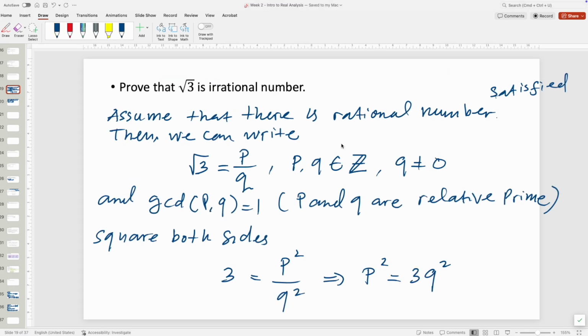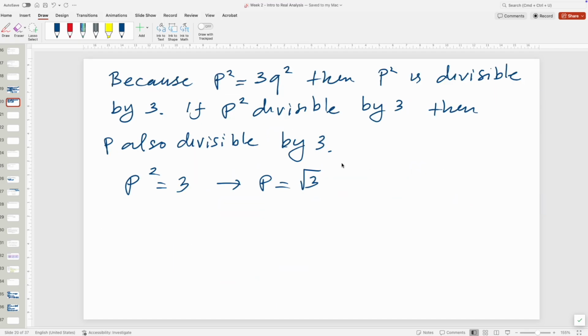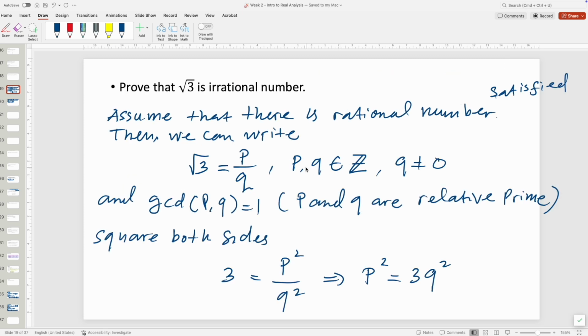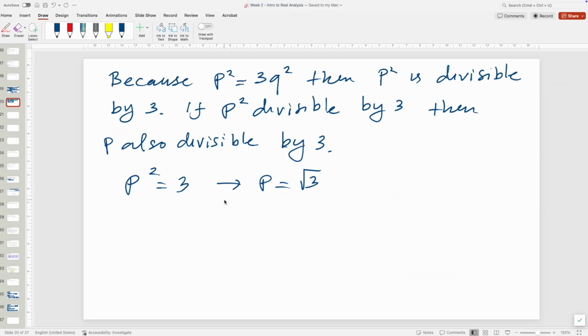This statement is wrong. But remember again, what is P? P must be in Z, an integer. Then choosing P squared equal to 3 violates the rule that P must be an integer. So you cannot choose P squared equal to 3. Then change to another number. The possible number is 9, because P will be 3.